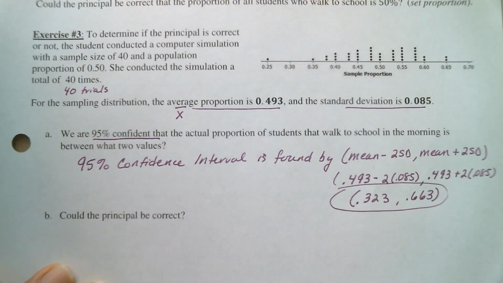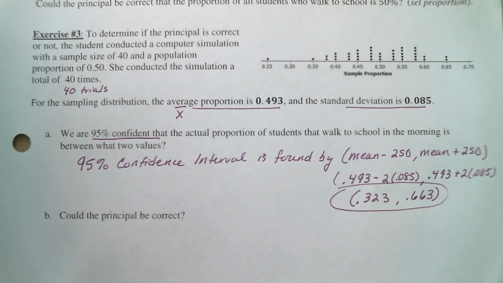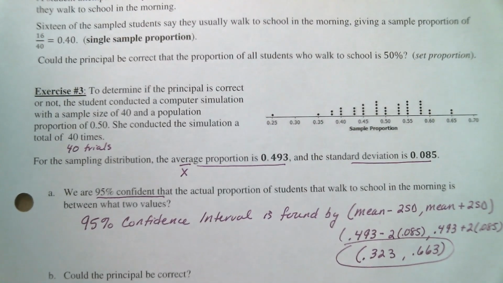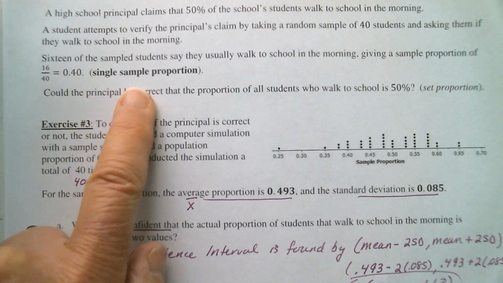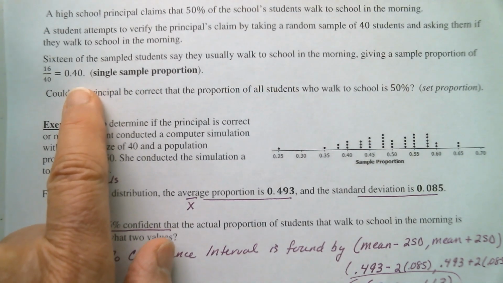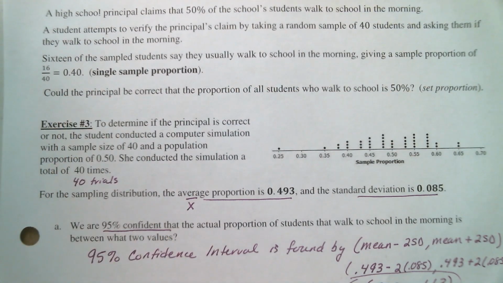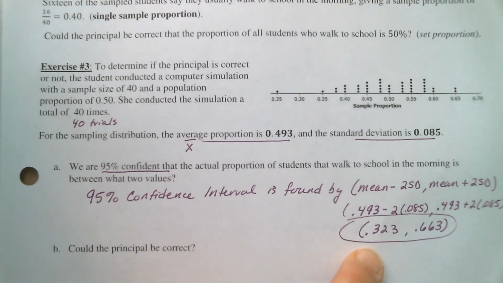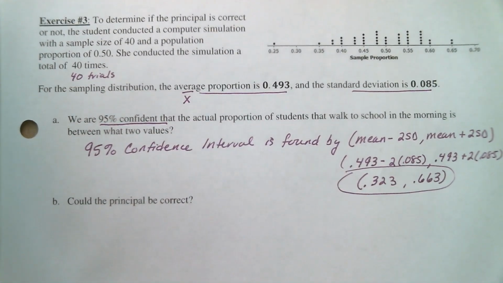Could the principal be correct? Based on our single sample proportion of 0.40, does 0.40 lie within this interval? It does.